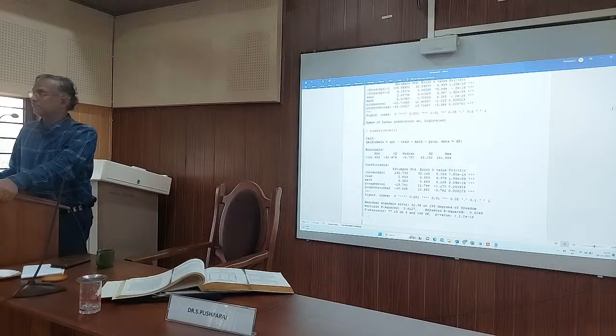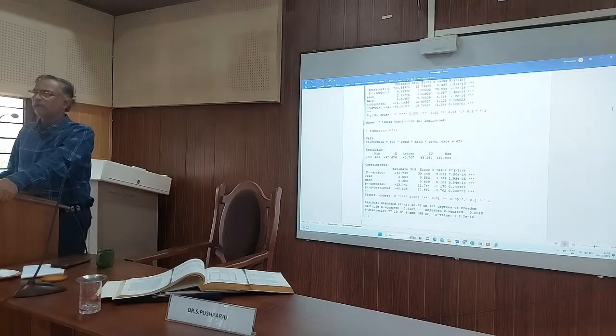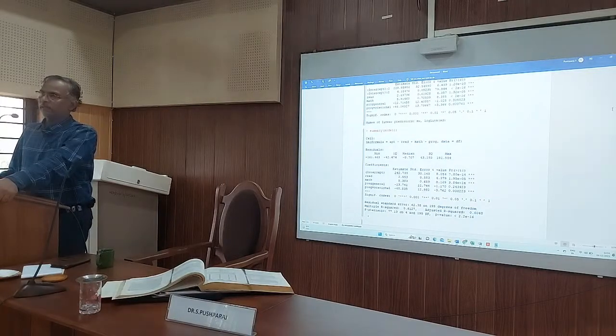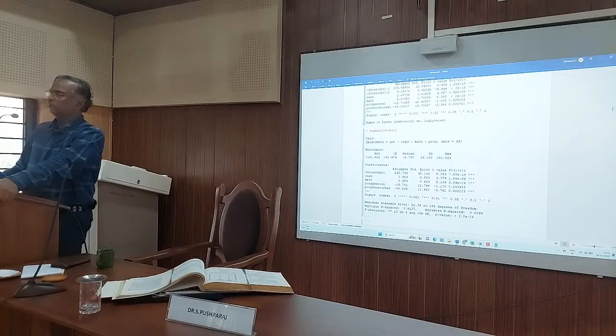This 2SLS is the two-stage least squares method, otherwise known as two-stage OLS. It is a very prominent, simple method, and it effectively addresses the problem of simultaneity bias.